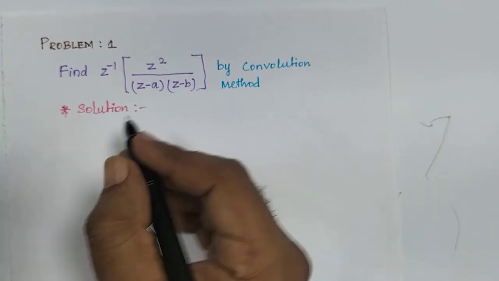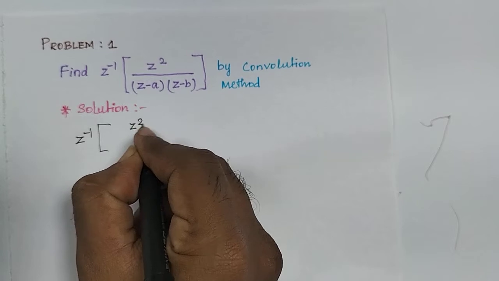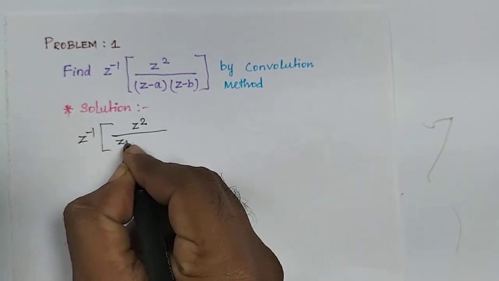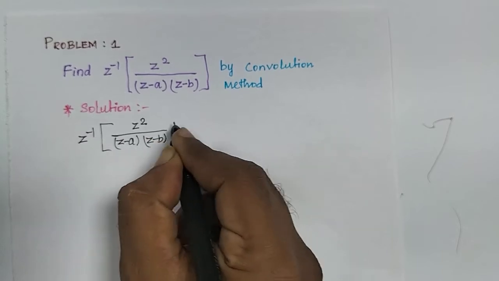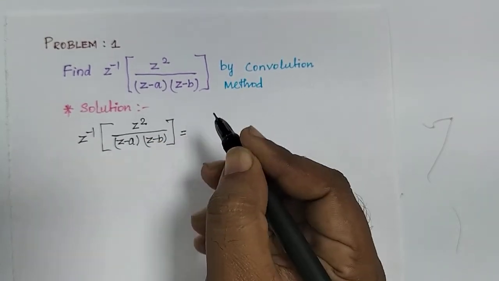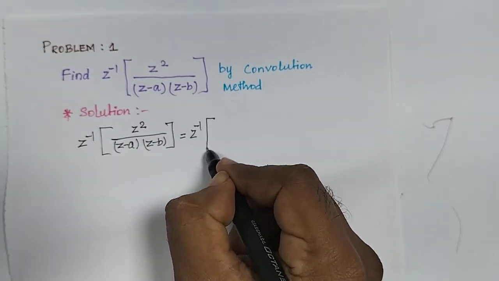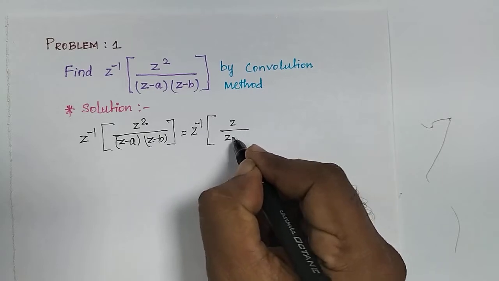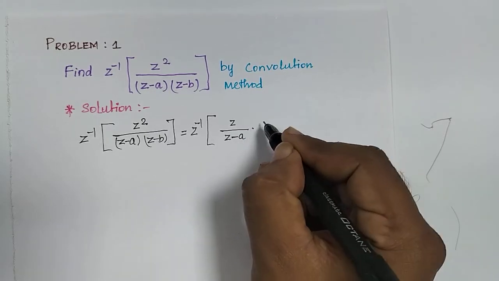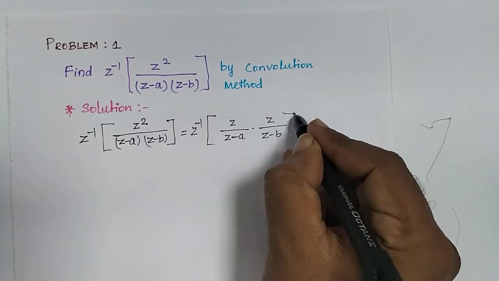So I am writing Z inverse of z square divided by z minus a into z minus b. You may get confused while splitting the term. So Z inverse of, I am writing, z divided by z minus a, and that z square I am splitting as two terms, z divided by z minus b.